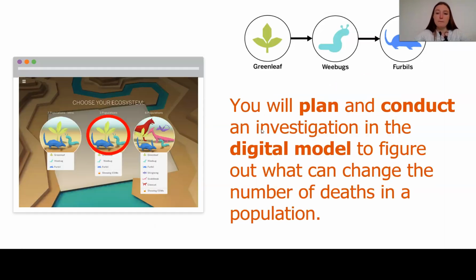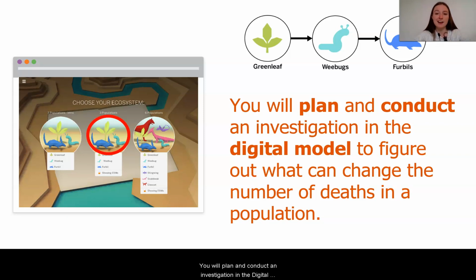Let's start by thinking about what we're going to be doing today. In our last lesson, you watched me investigate how the number of births might be changed by planning and carrying out an investigation in the digital model. Today, it is your turn.